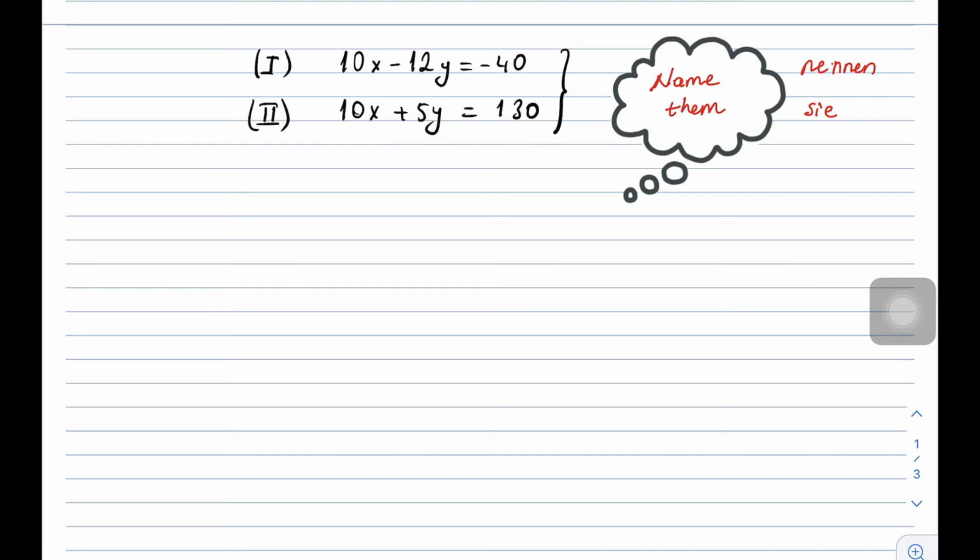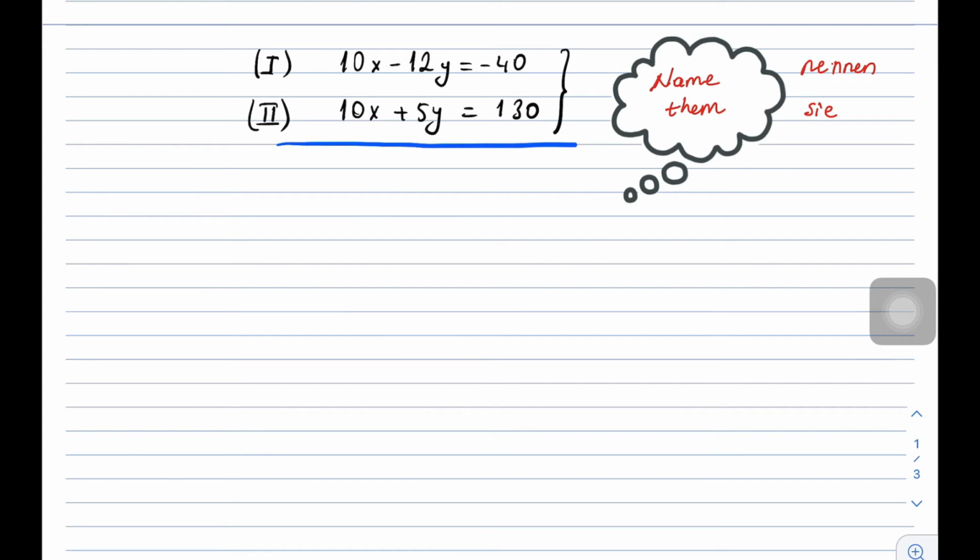As I said, you can use Additionsverfahren, Einsetzung, or Gleichsetzung. It's up to you. But as long as it's given as Zahl x, Zahl y, gleich Zahl, let's use the Additionsverfahren. For the Additionsverfahren, please do not ever forget this line.